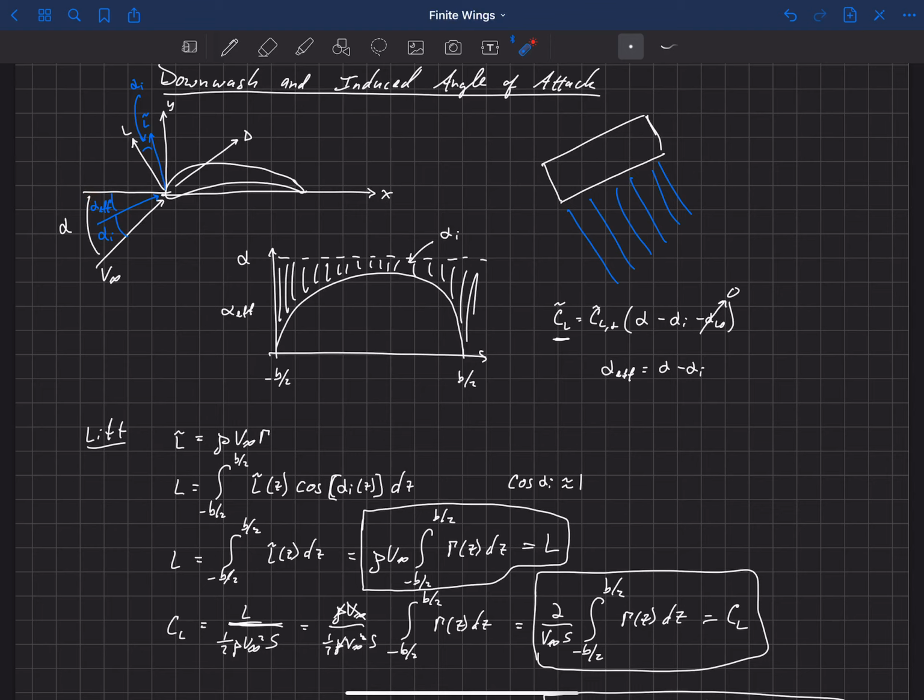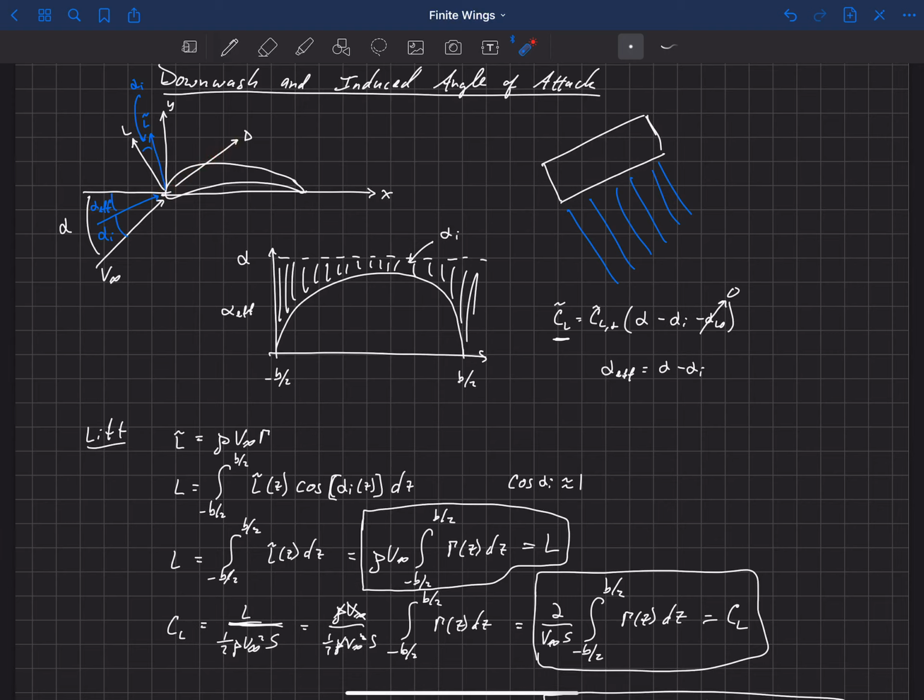That rotation moves the local lift vector, so it's at an angle to the global lift vector, which is perpendicular to V infinity, and that rotation creates a component of lift that's actually in the same direction as the global drag vector.